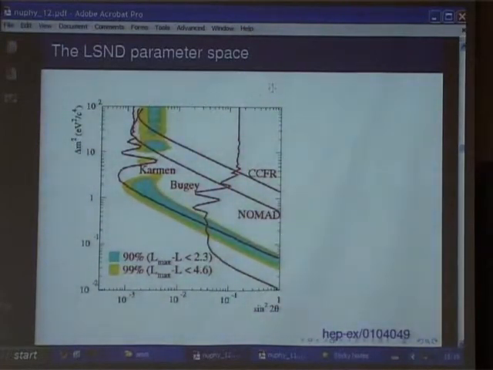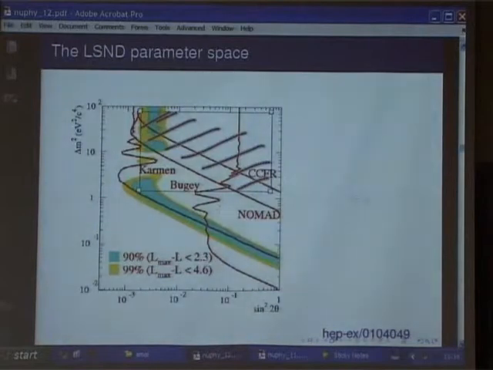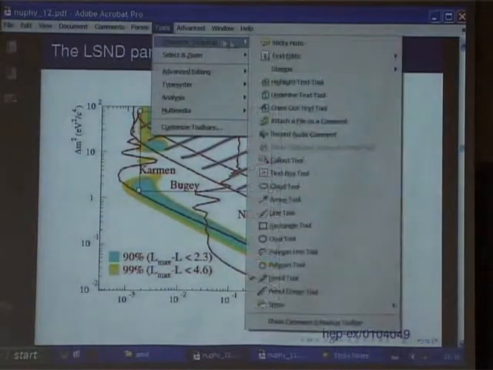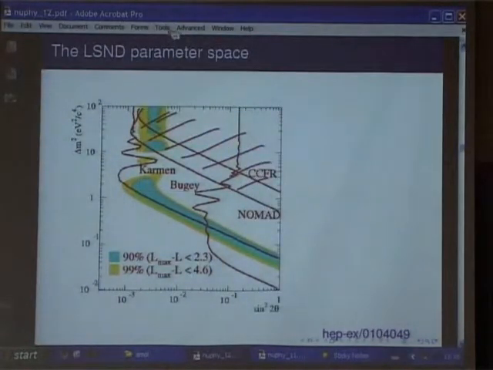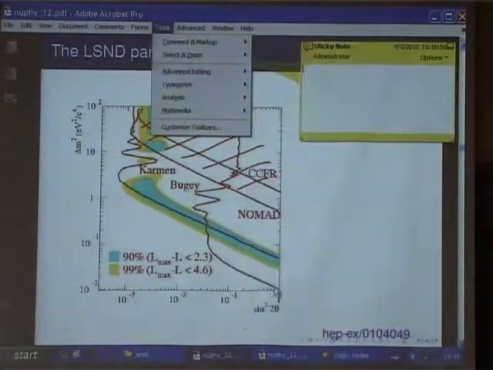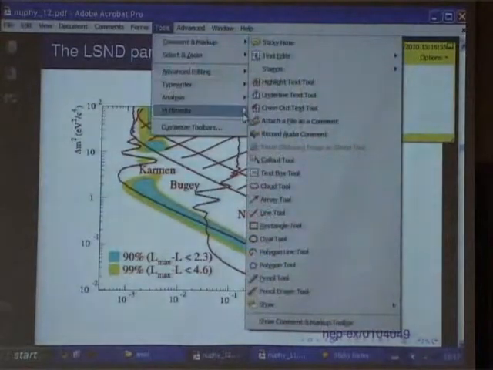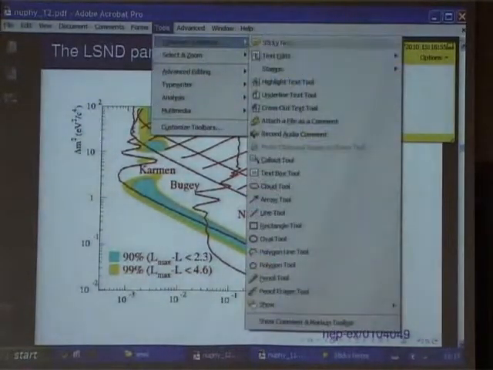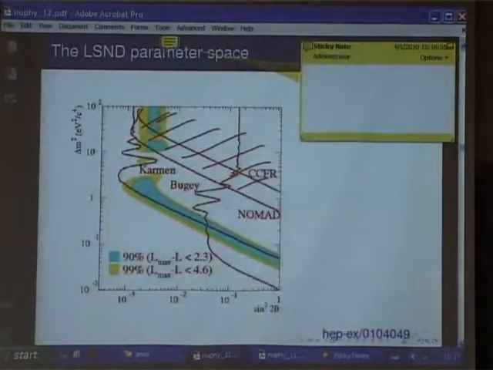So NOMAD took out this region, CDHS took out this region, and KARMEN took out this region.